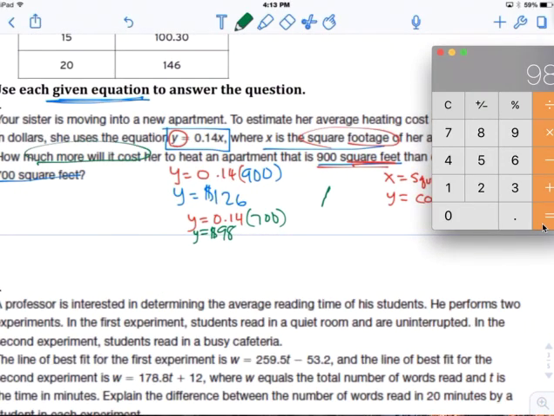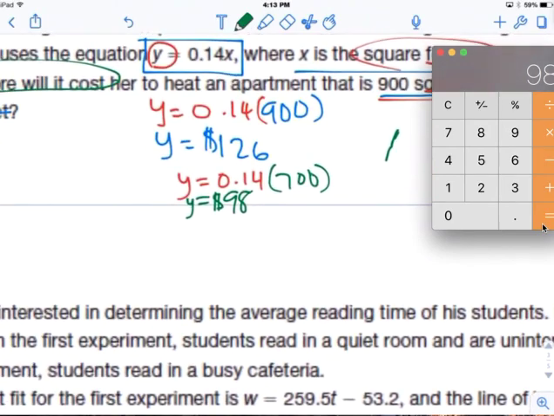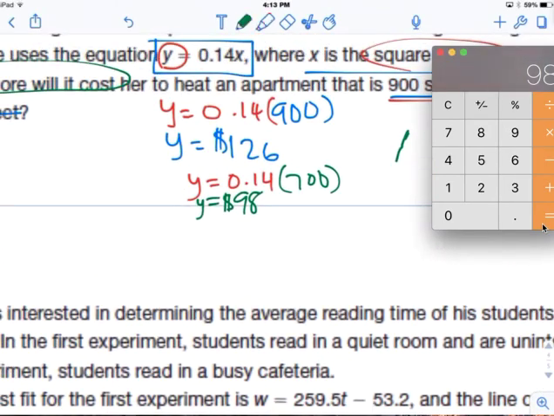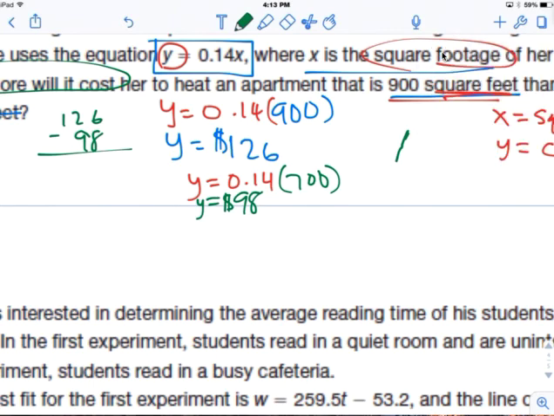How much more will it cost? Let's subtract. We know 126 minus 98. Subtract that. $28.